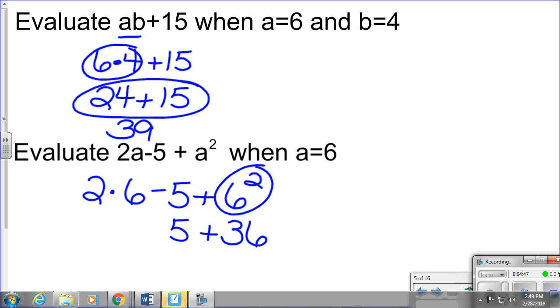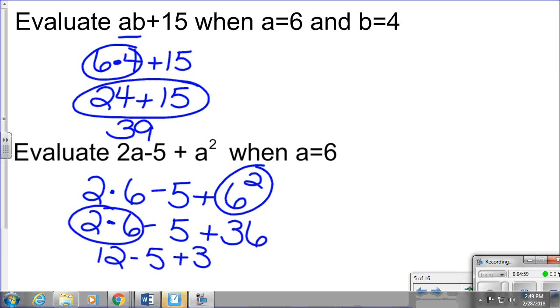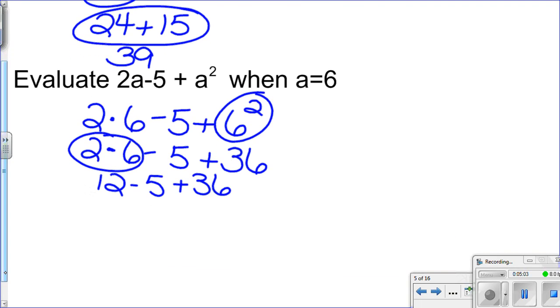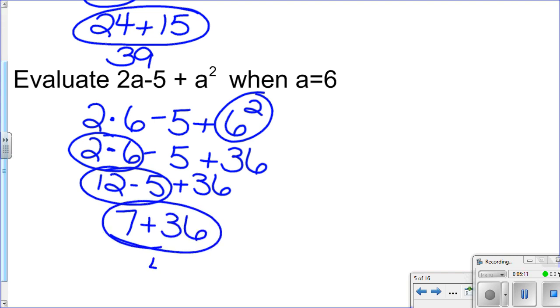Circle it, solve it, write everything else down. Now I multiply. 2 times 6 is 12. And from here, since adding and subtracting are the only two operations left, I will solve left to right. 12 minus 5 is 7, plus 36. Circle, solve, 43.